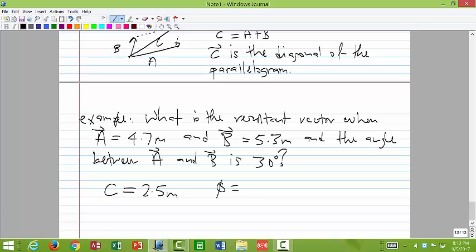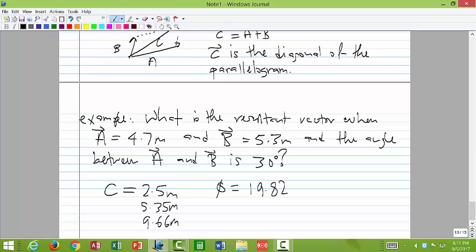I'm just asking what you guys got. Okay, so we have several answers here: 9.6, 7.81, 9.66. What about direction? Who has an answer for direction? 19.82.